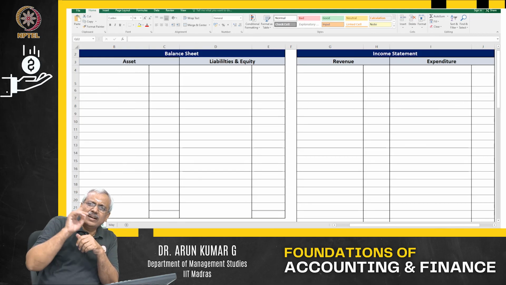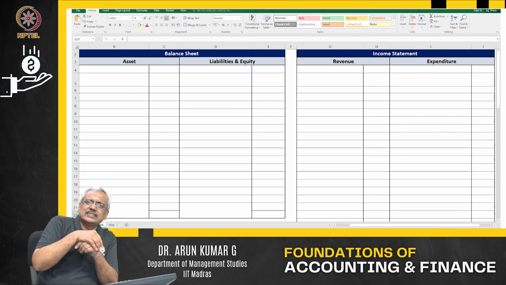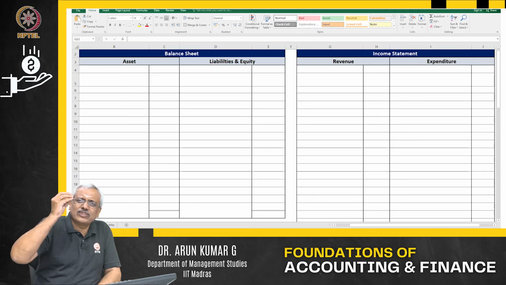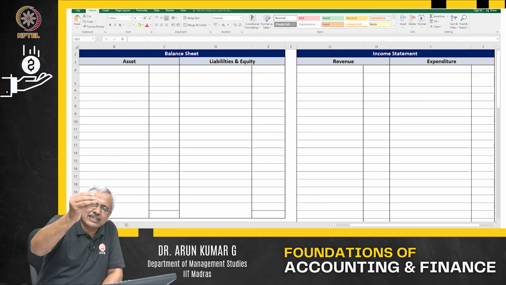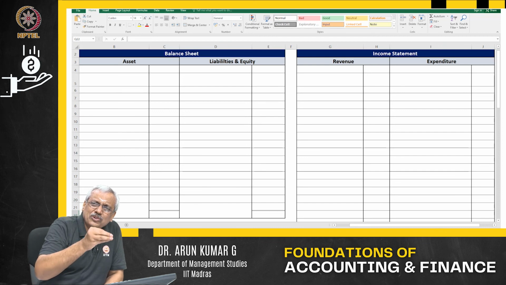So, in short, any transaction that happens in an organization will have to impact both the balance sheet and the profit and loss statement at any point of time.